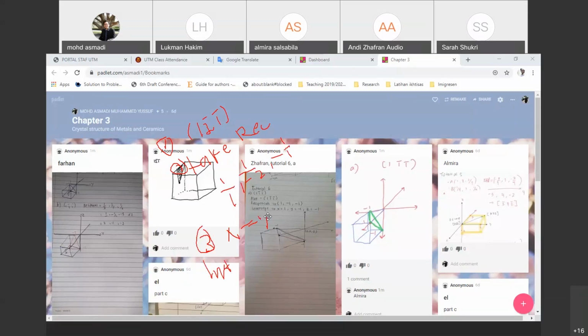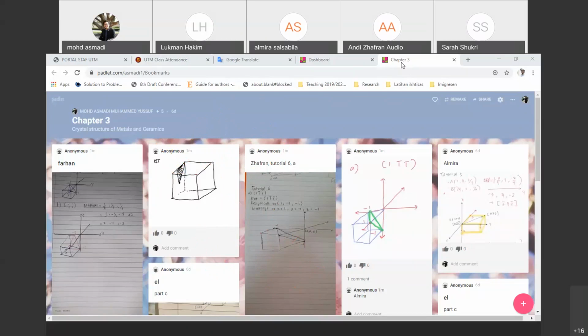So x is equal to 1, y is equal to negative half, z is equal to negative 1. Because we want to get the intercept, your point is 1, negative half, as well as negative 1.